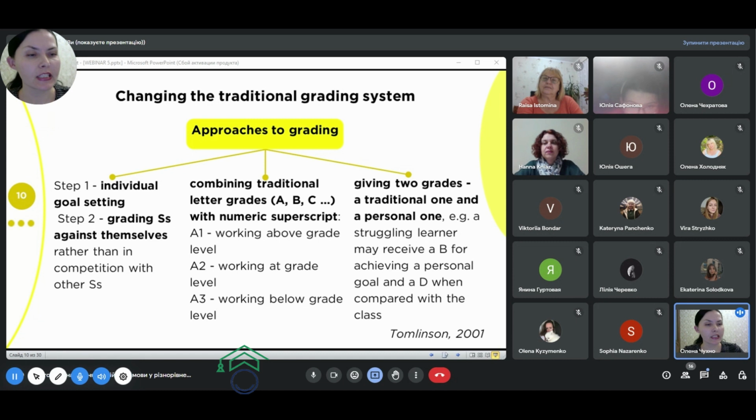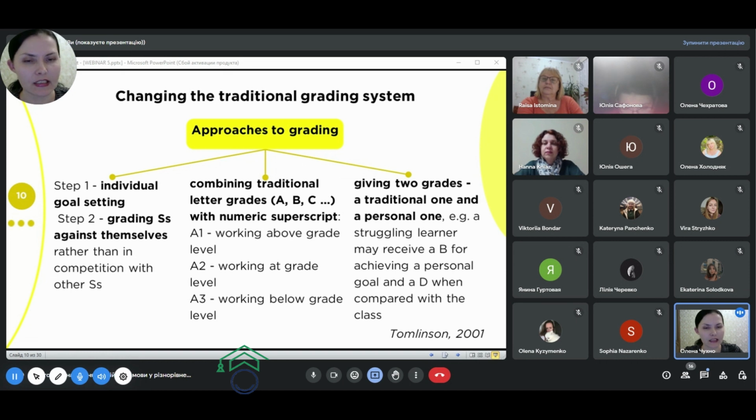Another approach is giving 2 grades, a traditional one and a personal one. For example, a struggling learner may receive a B for achieving a personal goal and a D when compared with the class.